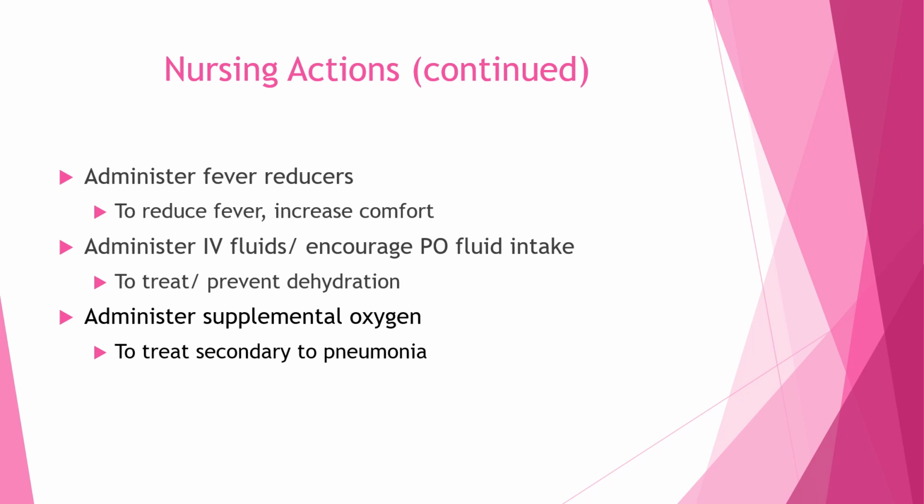Administering fever reducers to reduce the fever and increase their comfort. We are going to administer IV fluids and encourage PO intake to treat or prevent this dehydration. And if necessary, administer supplemental oxygen because they may have that pneumonia, so we are going to treat the pneumonia.